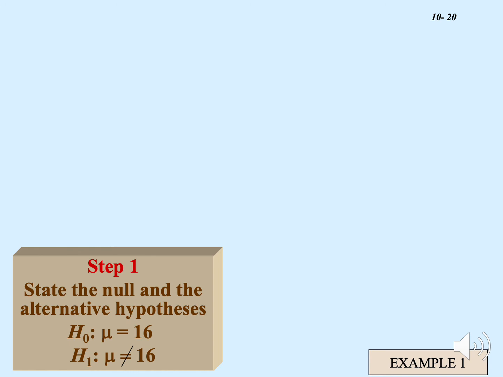But what is found based on the sample is even greater than 16, that is 16.12. So you can either say mu is greater than 16, or to make it simple and not complicate things, you just say it's not equal to 16.